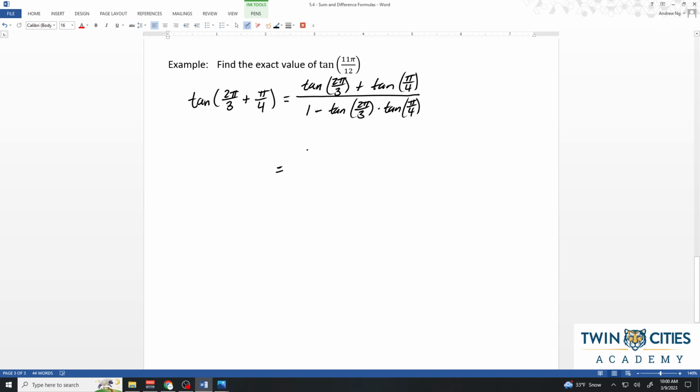So this is going to be negative square root of 3 plus 1 all over 1 minus, these two are going to get multiplied together, negative square root of 3 times 1.